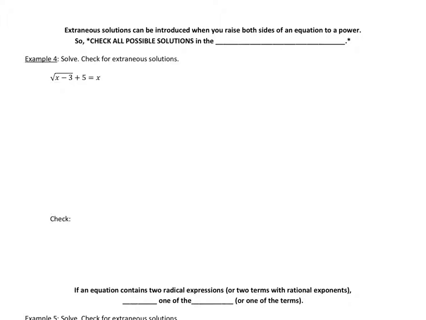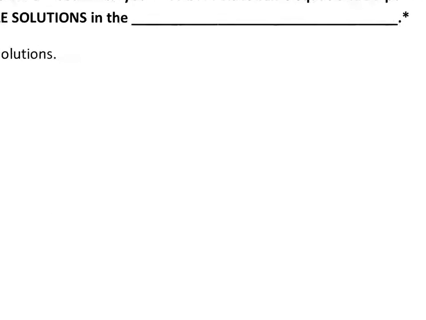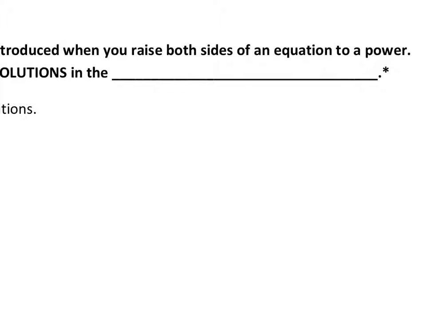When you do that, check all the possible solutions in the original equation. Okay, not one that you got halfway through the problem, but the original equation. What causes there to be extra answers is when you raise both sides of the equation to a power.